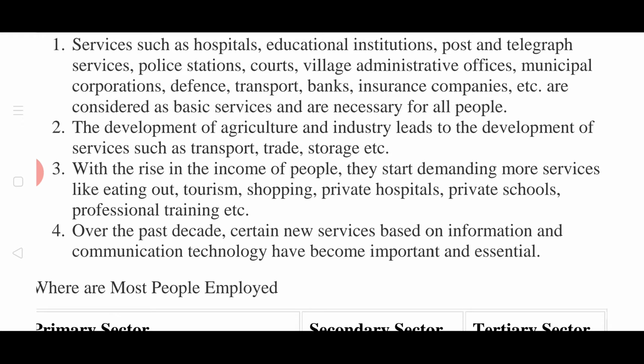This is what telecommunications is. Less or more, everyone is using banking facilities, insurance facilities. They are going for tourism. So all these come under the category of the service sector.